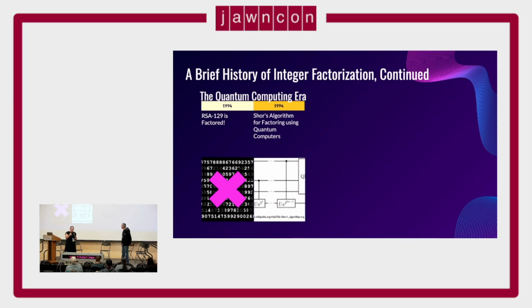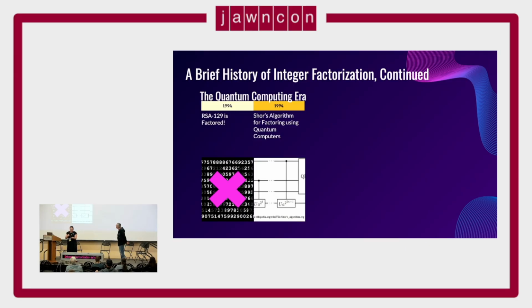And then somebody, this guy Peter, asked, you know, we have these theoretical quantum computers, we've hit a lot of our limits with traditional computing. Can we use quantum computers to actually accelerate our factoring of these numbers? And it turns out, sure you can, using Shor's algorithm for quantum computers. And this was before quantum computers actually existed.